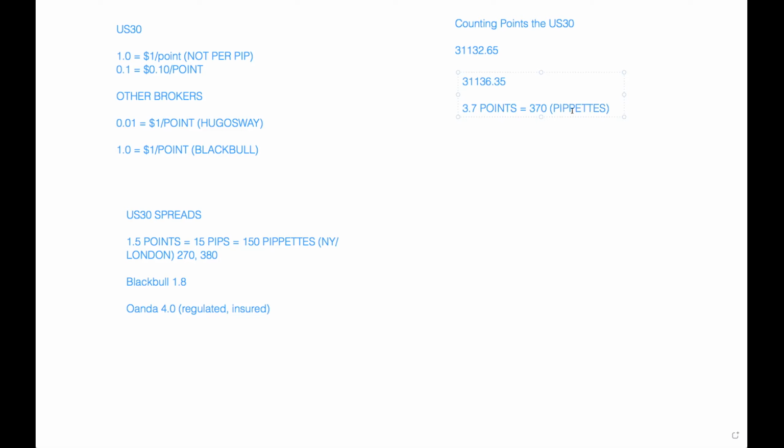And so to get pipettes into pips, I would either divide by 100, or I would move the decimal 2 places to the left to make it 3.7. So 3.7 points is worth 37 pips, which is worth 370 pipettes. And so the difference between these two numbers was my spread.